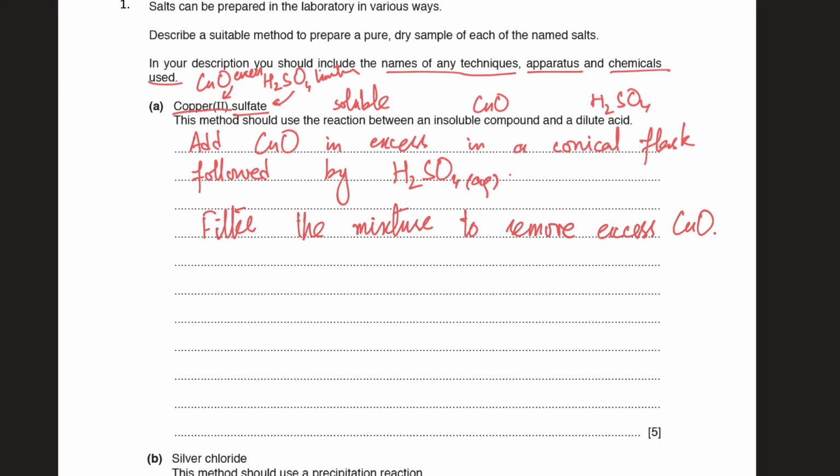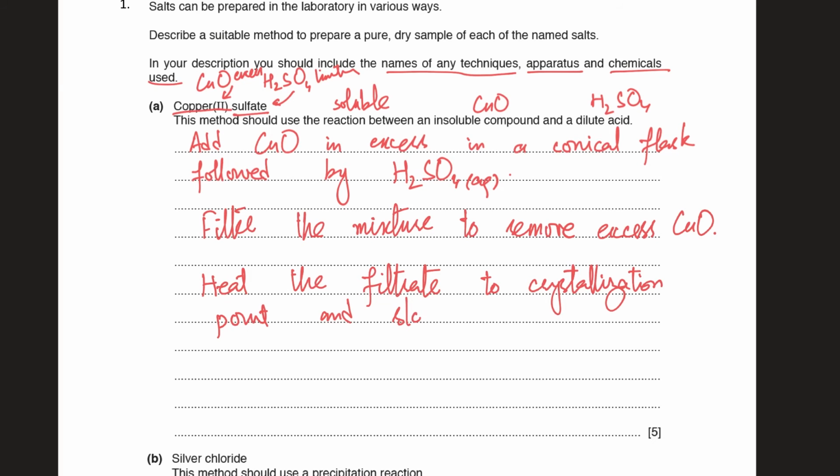So then we'll heat the filtrate to get crystals of this thing. It's important to mention that it's a filtrate, not the residue. Heat the filtrate to crystallization point and slowly cool. This way you'll get crystals of copper 2 sulfate.